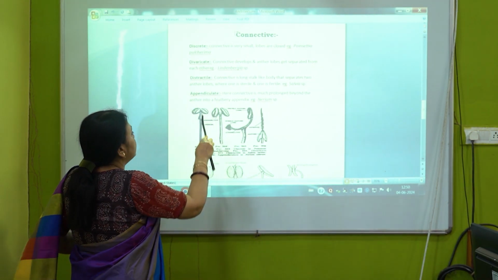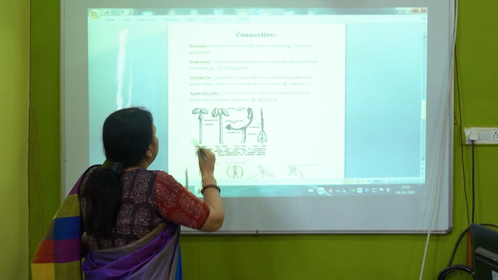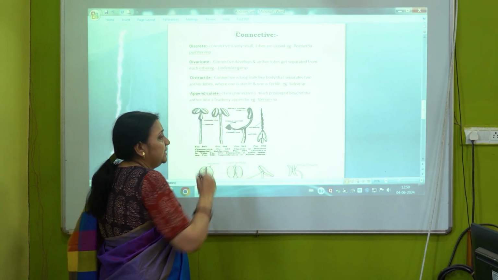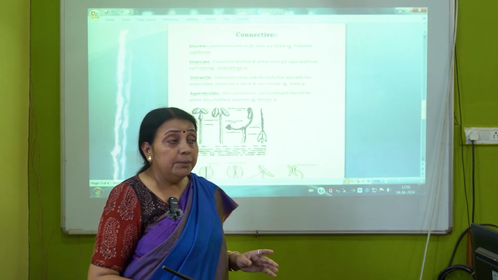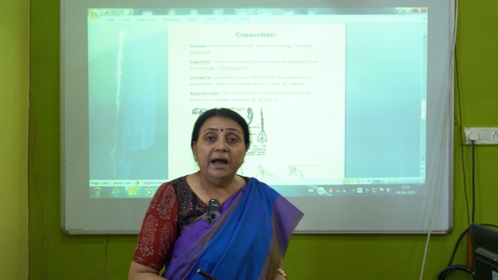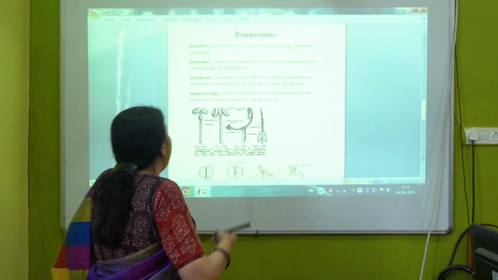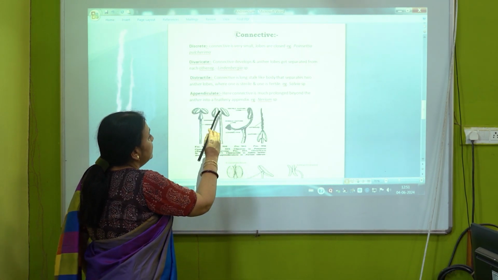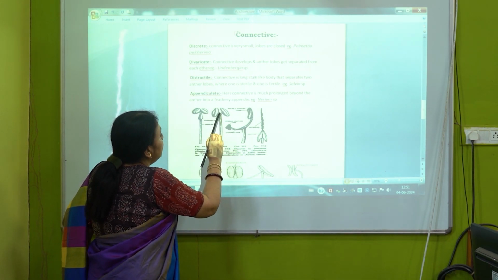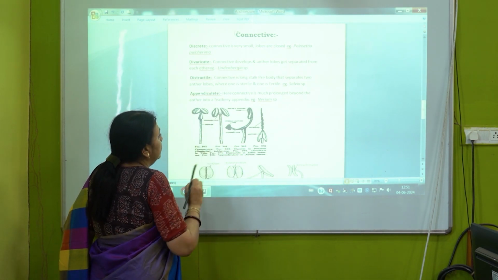It is known as the discrete type of anther, and it is found only in Poinsettia pulcherrima. All of you know that Poinsettia pulcherrima is a type of ornamental plant belonging to the family Euphorbiaceae. And next, the divaricate type of anther. In this case, you notice this structure, it is the connective.